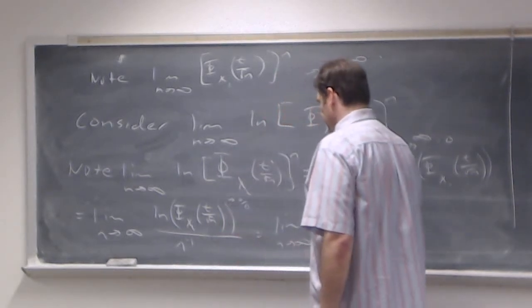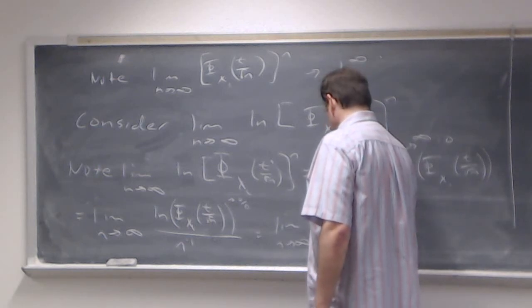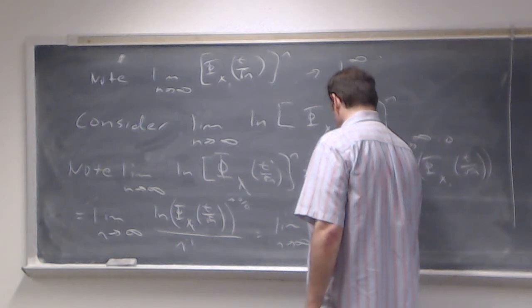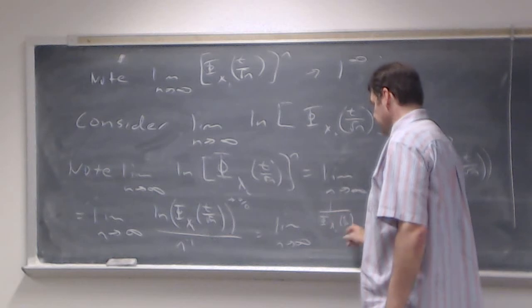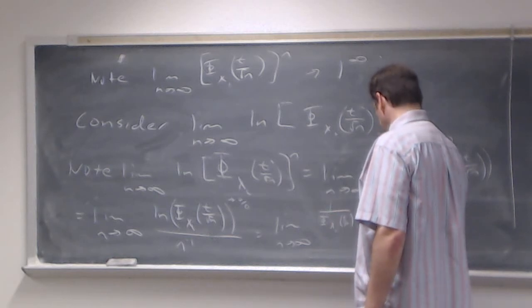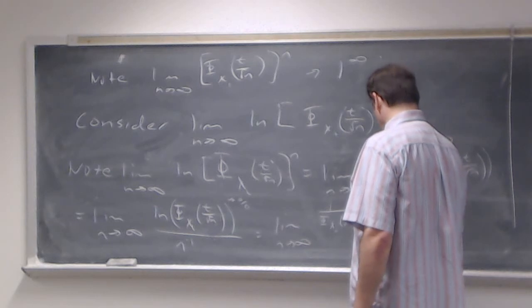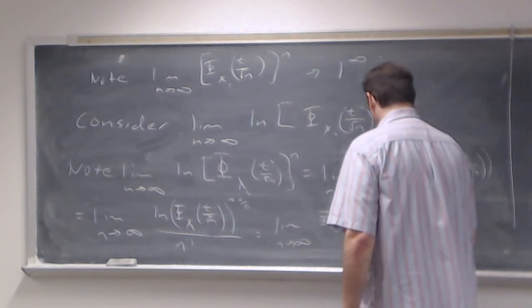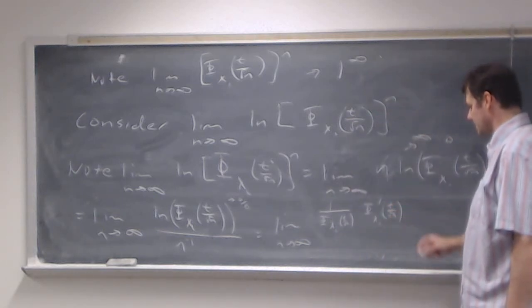Now, the derivative of the top, the derivative of ln of something, is 1 over something times the derivative of something. So I take the derivative of this guy, phi sub x sub i prime, evaluated at t over the square root of n. And then by the chain rule, we take the derivative with respect to n.